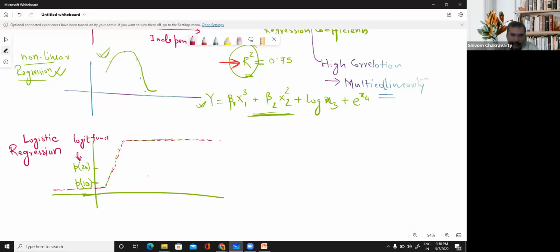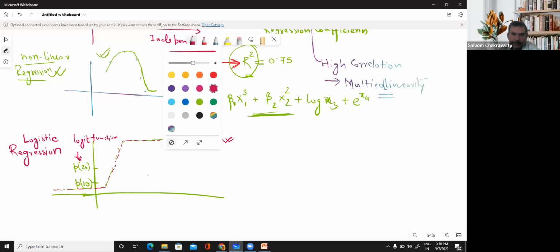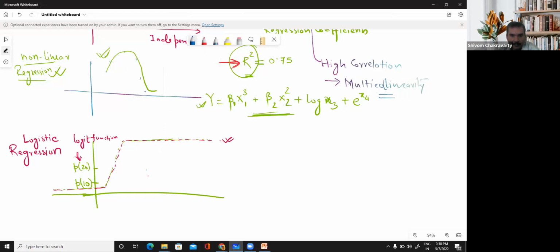And the graph is something like this. In that case also, to further simplify, what statisticians do is demarcate a threshold value of probability.